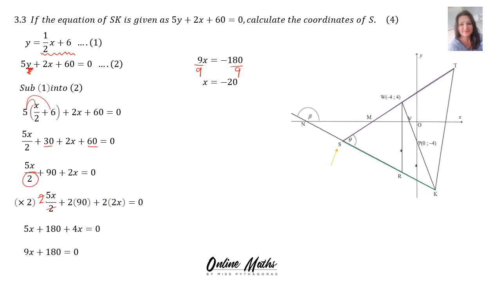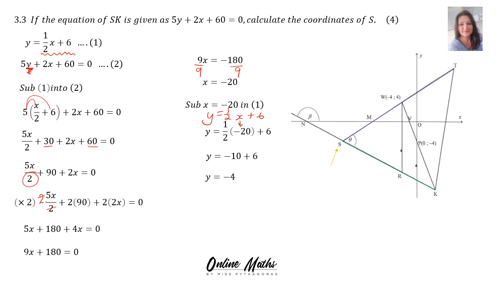That's the x coordinate of S. Then to get the corresponding y coordinate, I'm going to take x equals -20 and substitute into number 1. You can also substitute it into number 2, but this looks easier to me. So in x's place, in y equals half x plus 6, I substituted -20, and I get y equals -4.